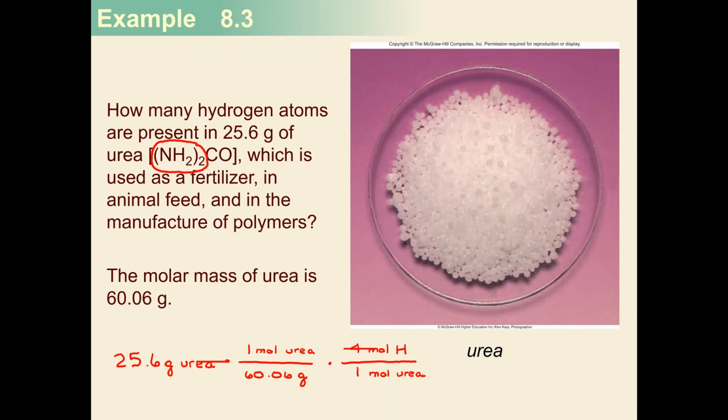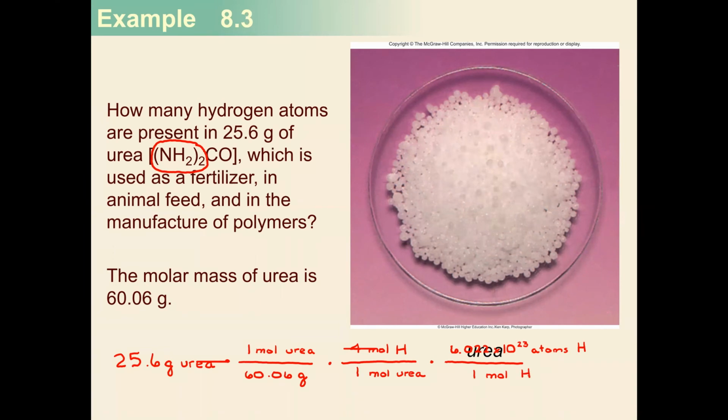So what do I want to do now that I would like to get to atoms of hydrogen? Well, that's very easy, and that is going to be us using our Avogadro's number, which is going to be 6.022 times 10 to the 23rd atoms of hydrogen for every 1 mole of hydrogen.